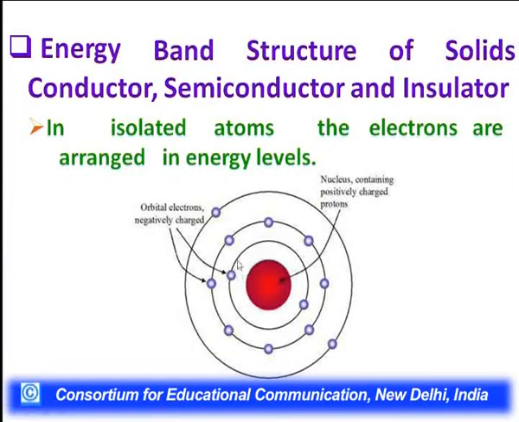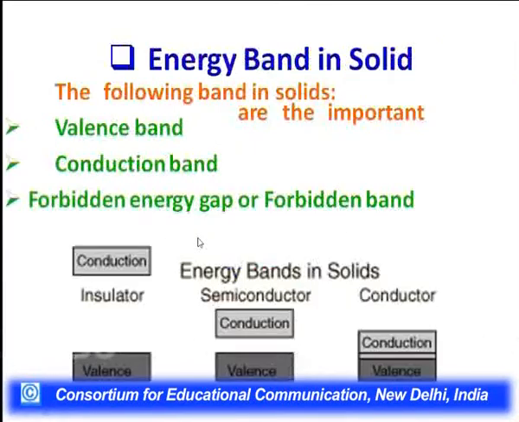Here we see that this orbital contains the electrons. That's why they are orbital electrons, and they are negatively charged. The nucleus is positively charged, and the electrons revolving around the nucleus in orbitals are known as the orbital electrons, and they are negatively charged.